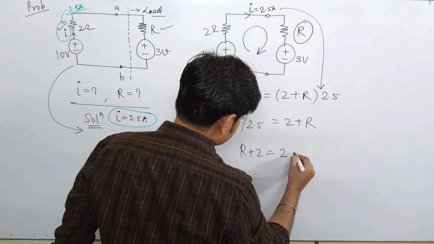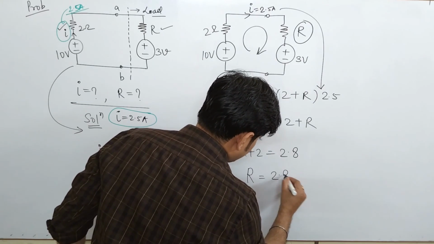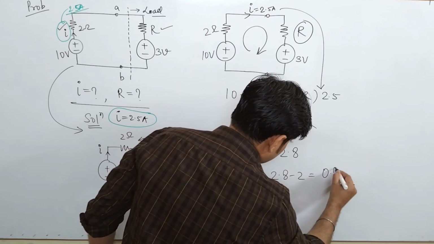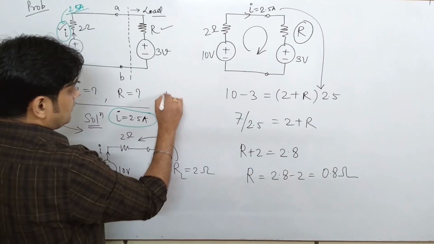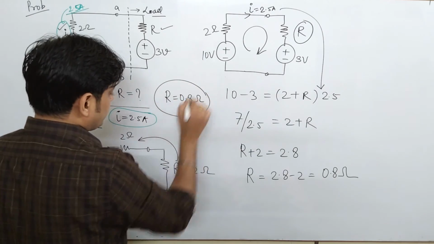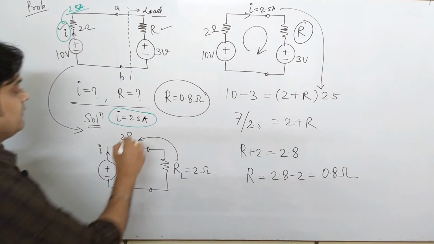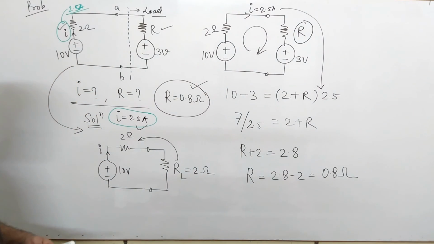It is 2.8, or you can say R is equal to 2.8 minus 2, that comes to be 0.8 ohm. So now the value of R comes to be 0.8 ohm. So finally, the value of I is 2.5 ampere, and the value of R is 0.8 ohm.